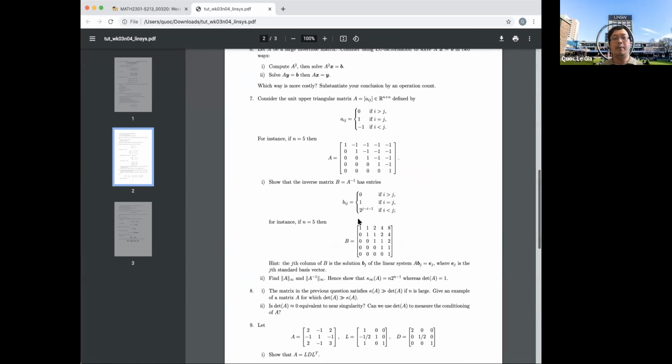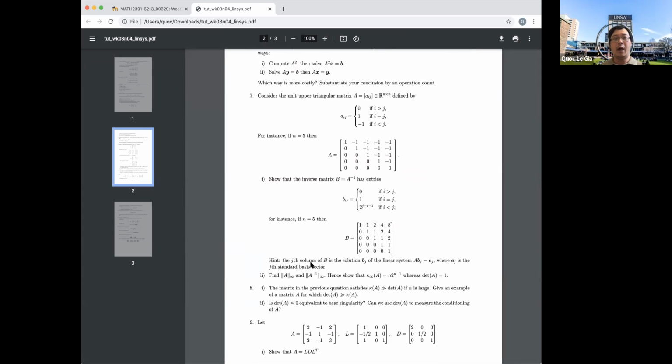Similarly for B, the diagonal equals 1, row bigger than column equals 0, and otherwise it is of the form 2 to the j minus i minus 1. So we have to show that A times B is the identity matrix.